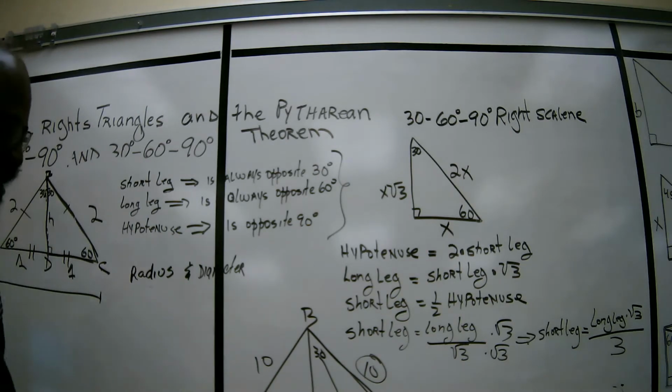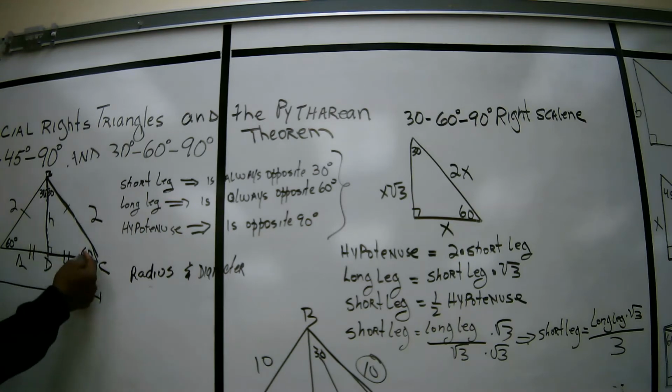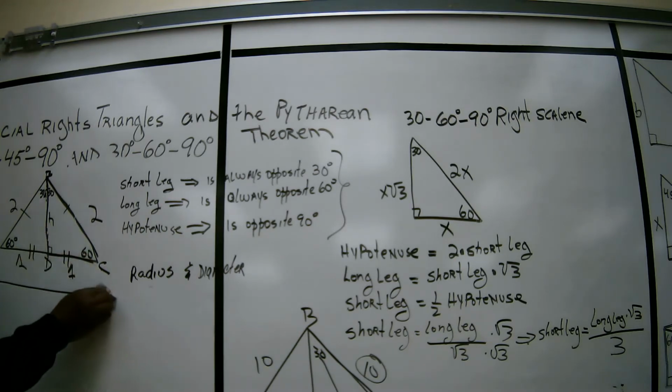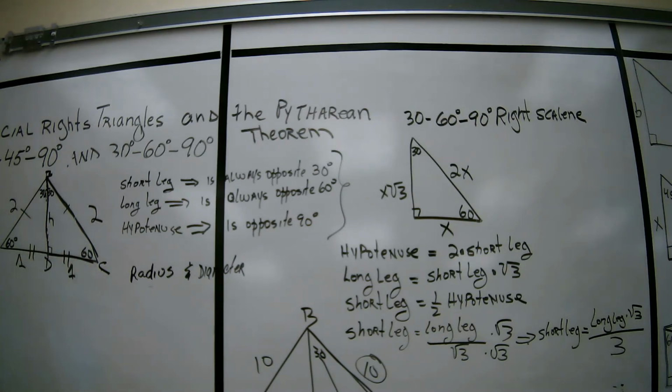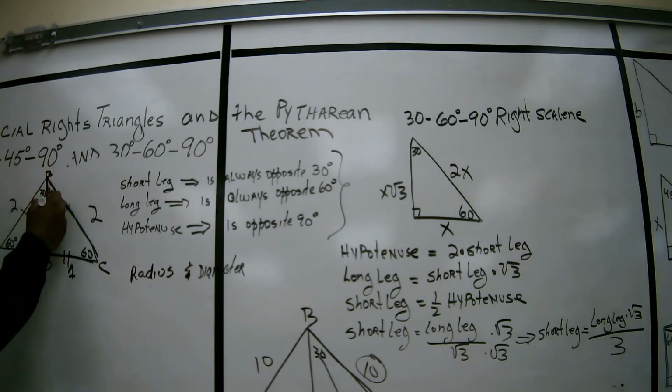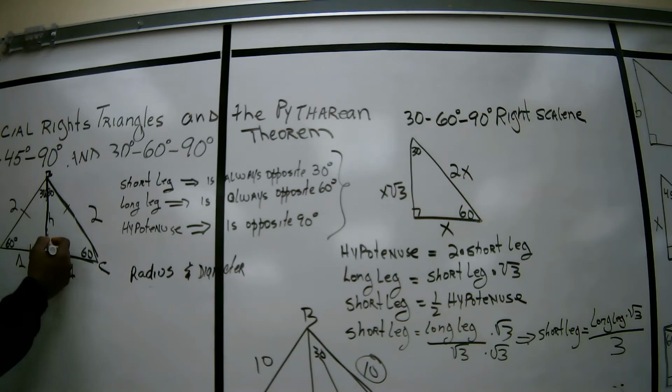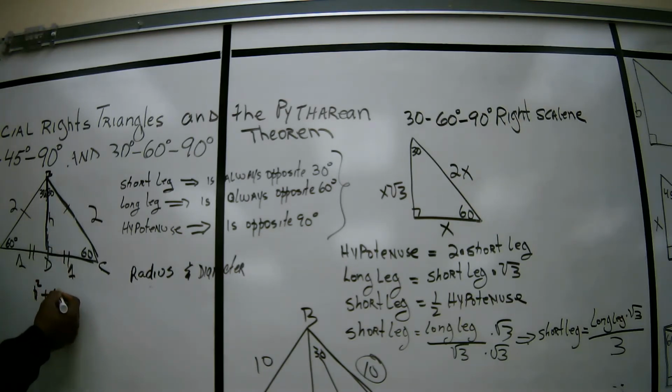So let's see if we can determine how you find H, which is the long leg, because it is opposite the 30-degree angle. We're going to use the Pythagorean theorem. That will be H squared plus 1 squared is equal to 2 squared.